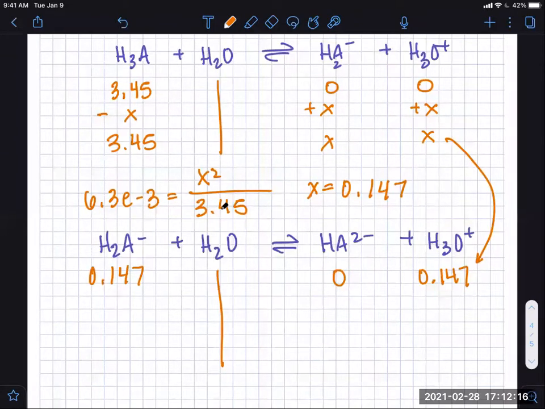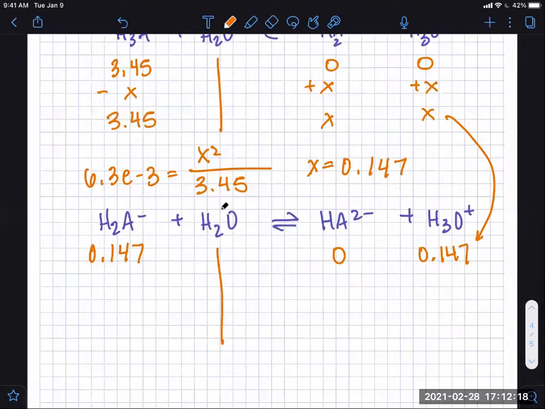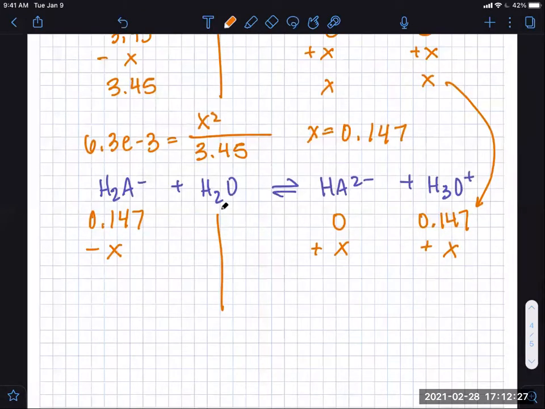Okay. So now I'm just going to do the same ice table, same process. And then I'm going to simplify this value over here using the 5% rule. You can always expect that.